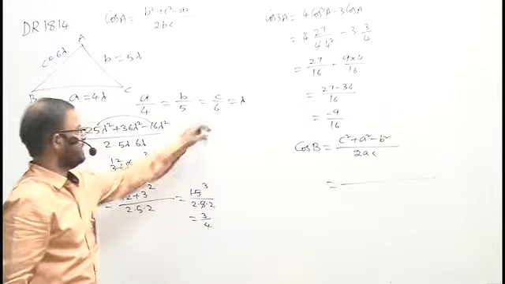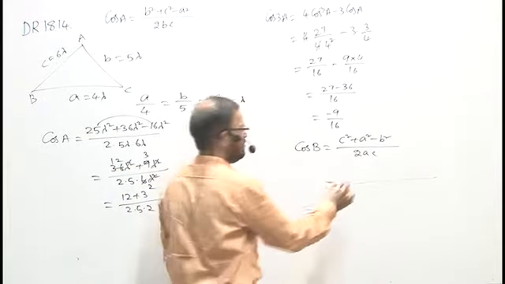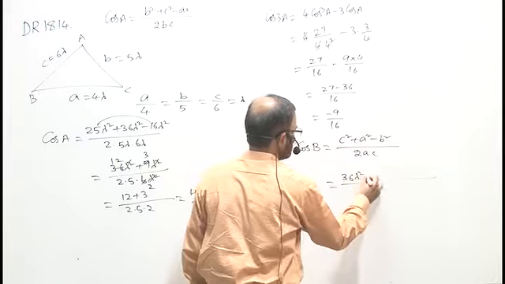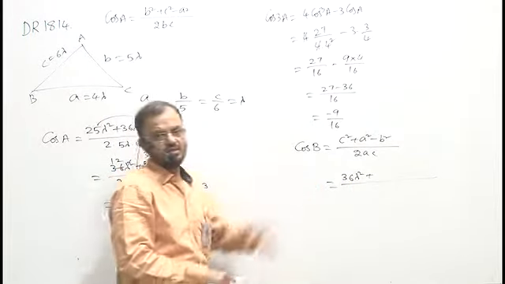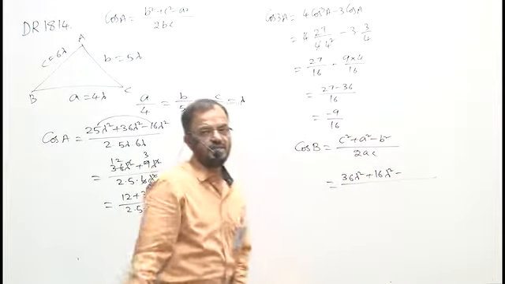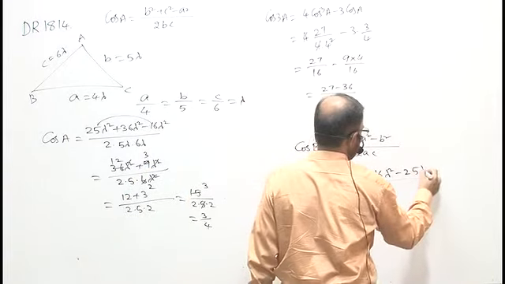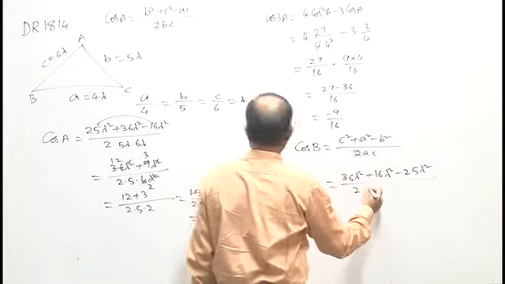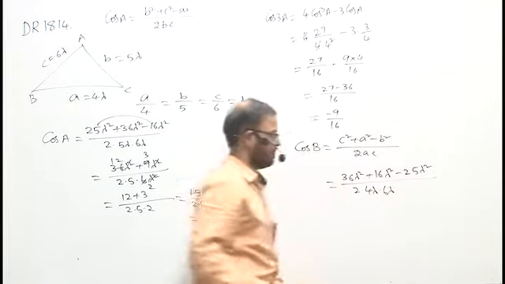From this I can write c, that is 6 lambda. c square will become equal to 36 lambda square. Here a is equal to 4 lambda, a square will become 16 lambda square, and b I will write here 5 lambda, that will become 25 lambda square, divided by 2 into 4 lambda and 6 lambda.